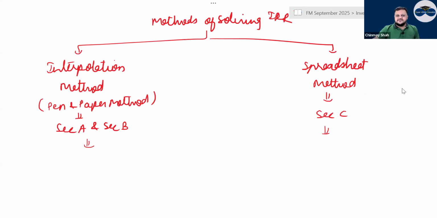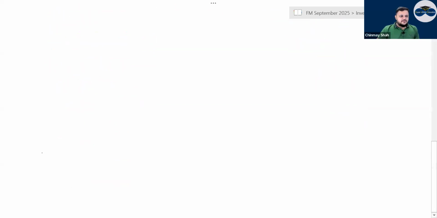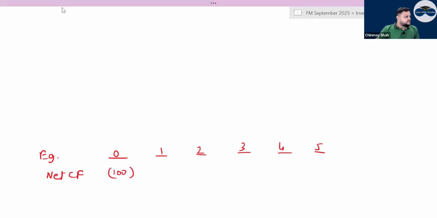If the concept is okay, then everything else is manageable. Write down example.